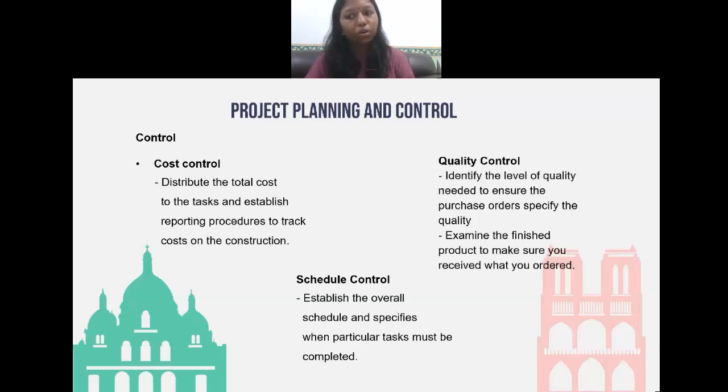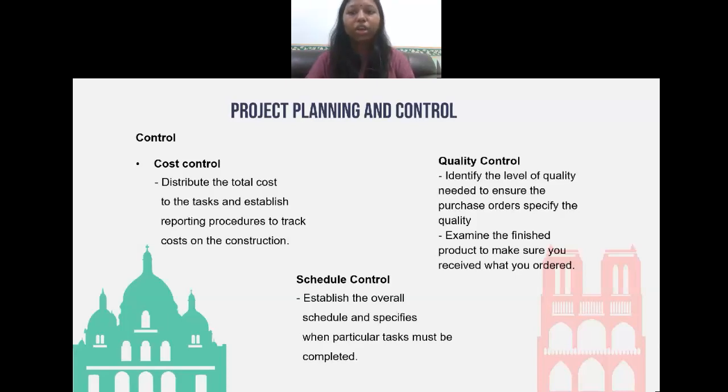And quality control, as we all know, in any construction or any project, there must be high quality. This quality control helps to identify the level of quality needed to ensure the purchase order specifies the quality. Like if we order brick or something for the construction project, there should be high quality.